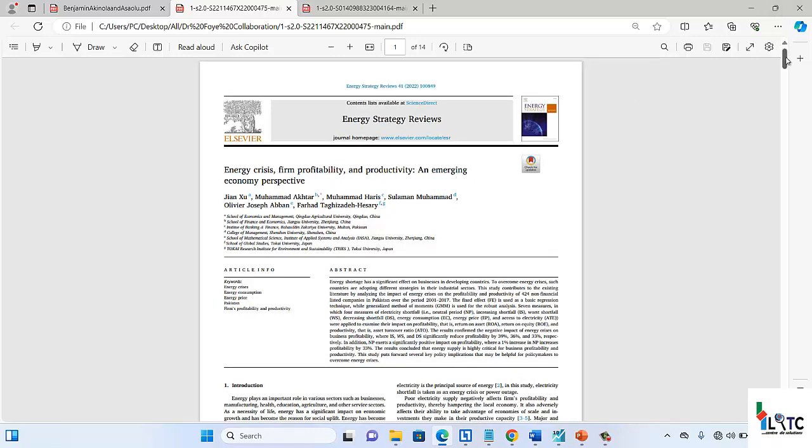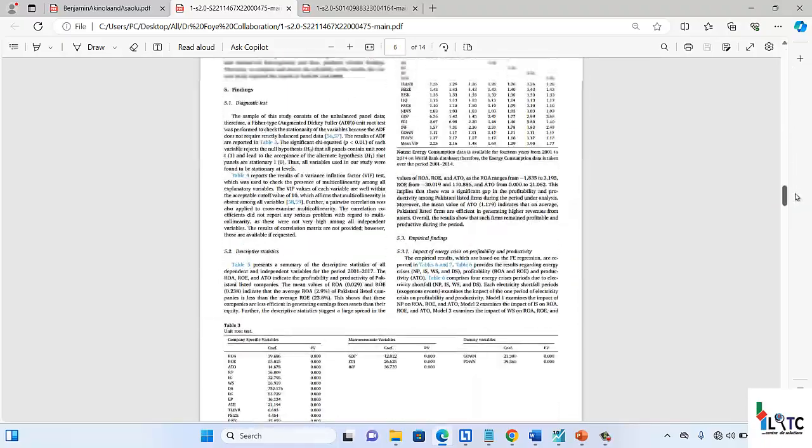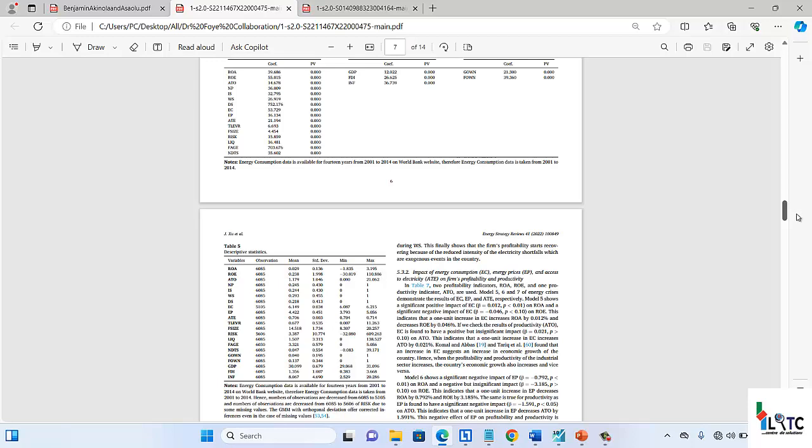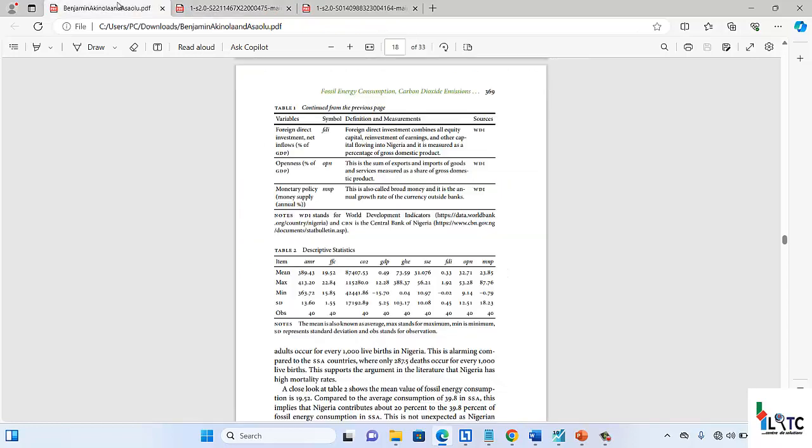Let us look at how many statistics they presented too. Okay, we have it here, table 5. These authors too presented five statistics: observation, mean, standard deviation, minimum, and maximum. Very similar to this one.